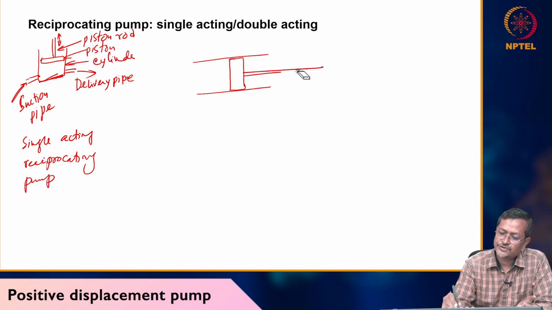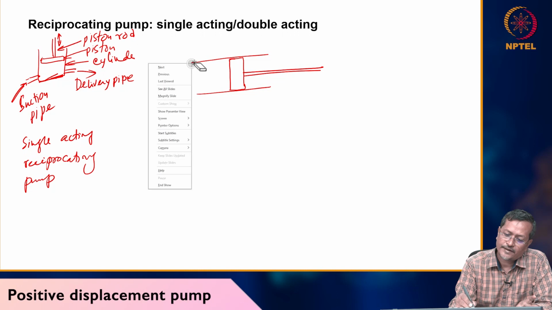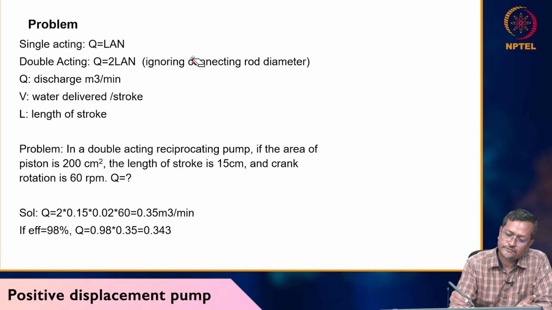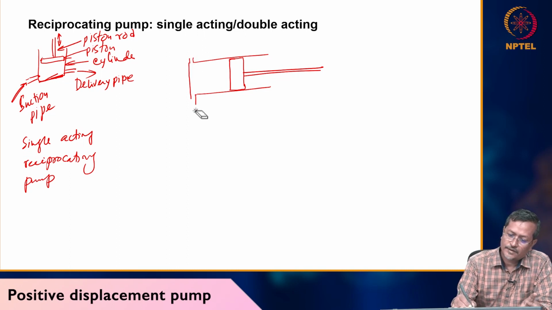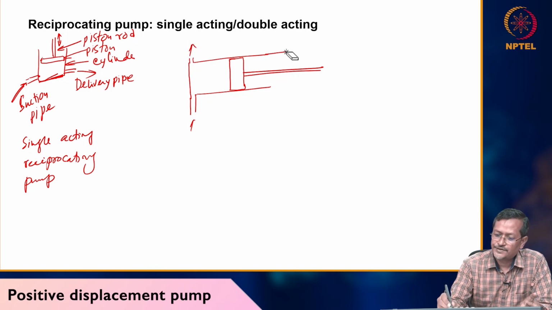This is my piston rod, and I have one suction pipe, I have a delivery pipe, and this side also I will have a similar arrangement. Like this.